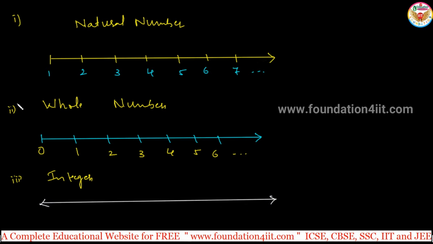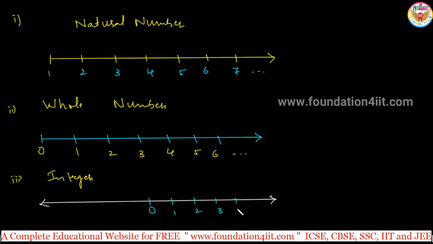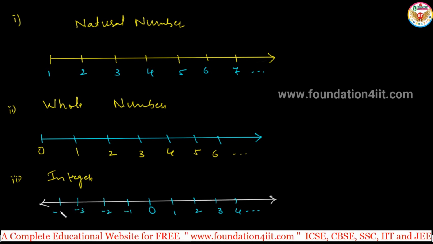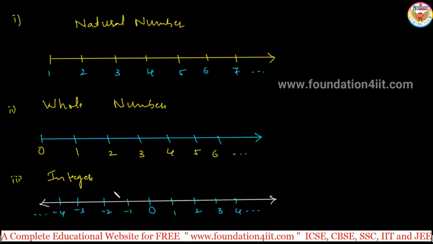The middle is 0, and 1, 2, 3, 4, and so on. On the left side -1, -2, -3, -4 and so on. From the center to the right side are the positive values, and the left side is negative. So 0 should be there. This is representing the integers on the number line.